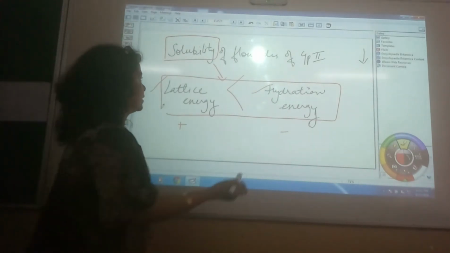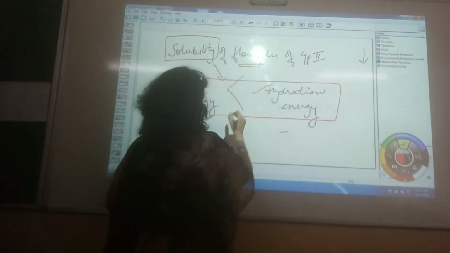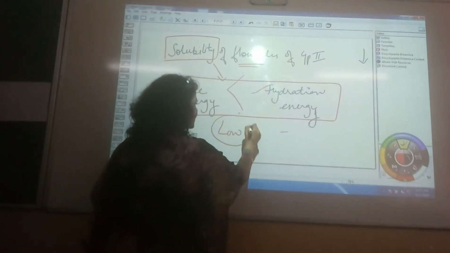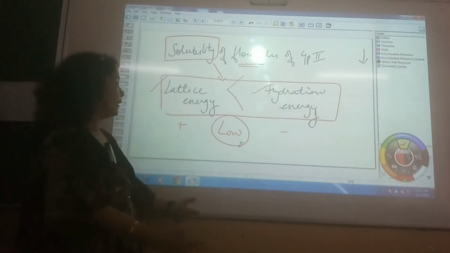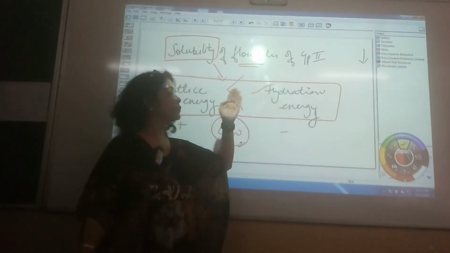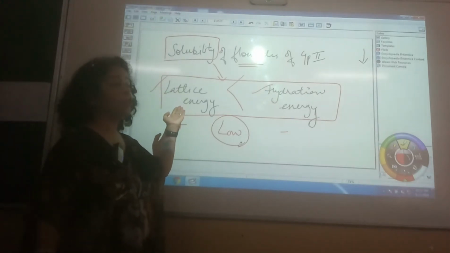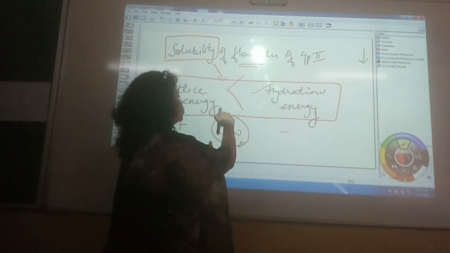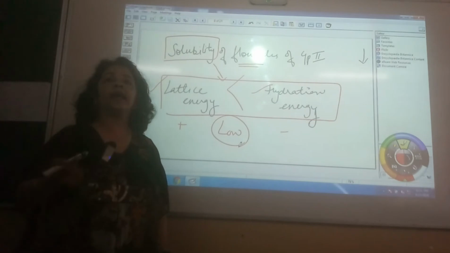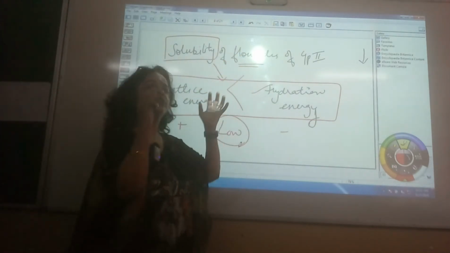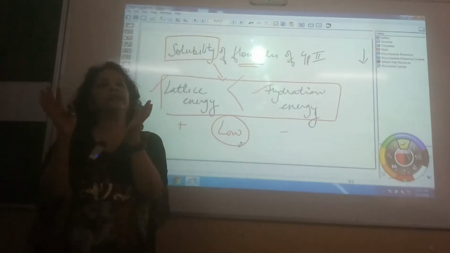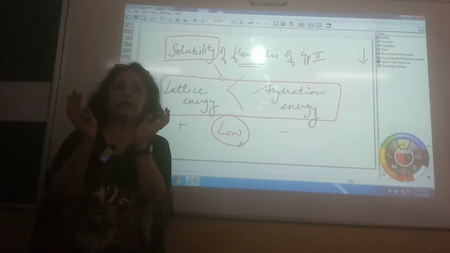Talking about fluorides, the solubility of fluorides is low. If I say the solubility is low, then the quick answer would be that either the hydration is less or the lattice energy is more. Now in this case, we very well know, in case of fluorides, the lattice energy is very high because of the small size of the anion. Smaller sized anions and cations tend to form a stronger interaction.